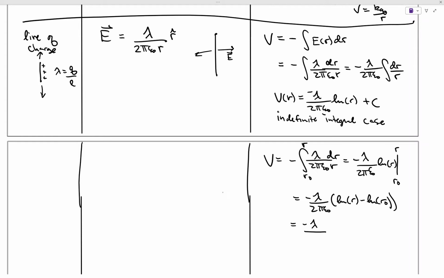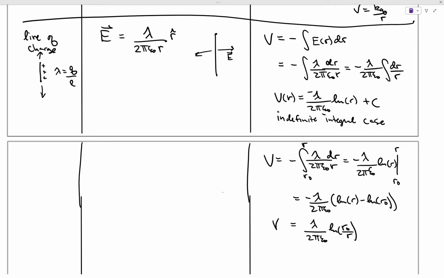And often what is done in this case is to write this. Instead of ln of r over r naught, you flip this around to get rid of the negative sign. So you can write this concisely as ln of r naught over r.